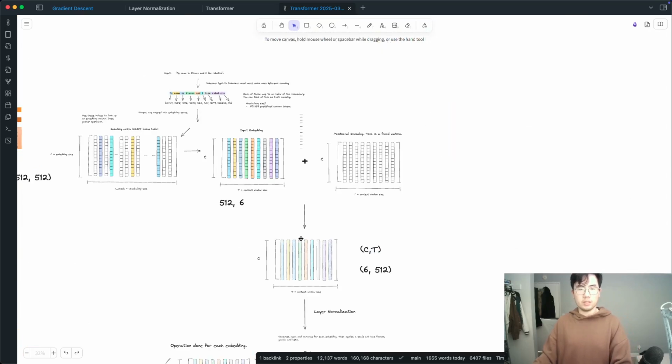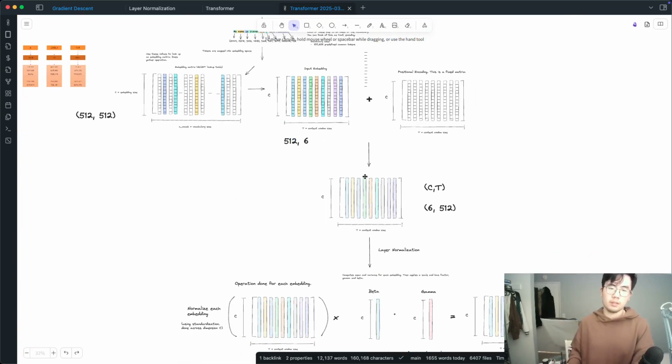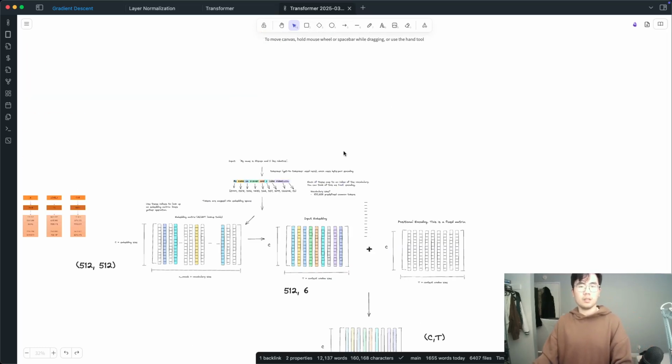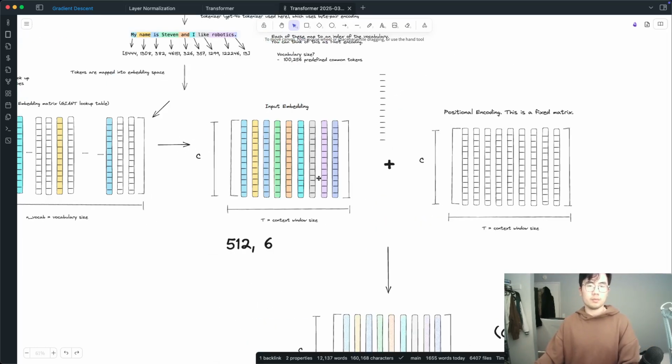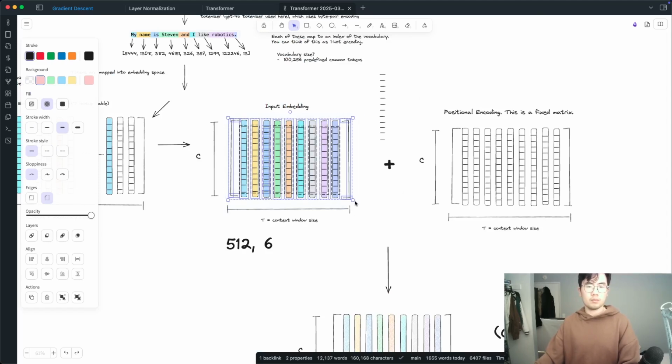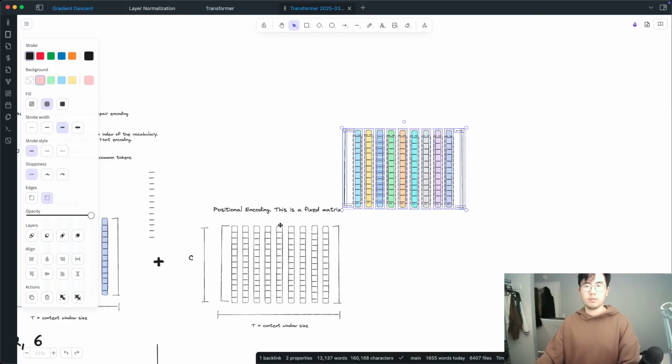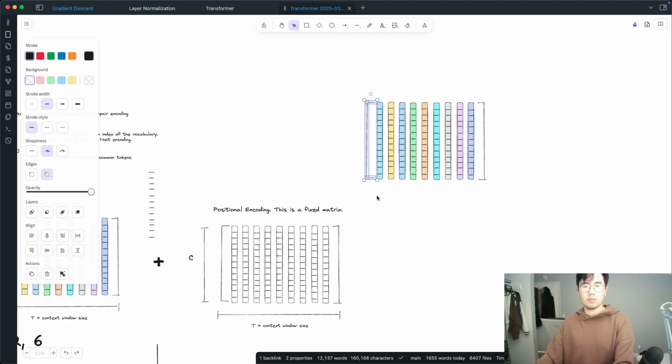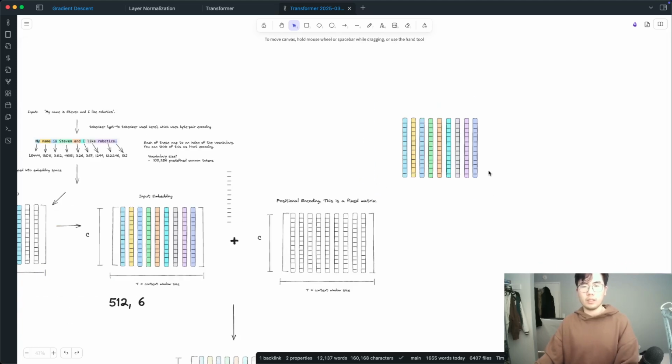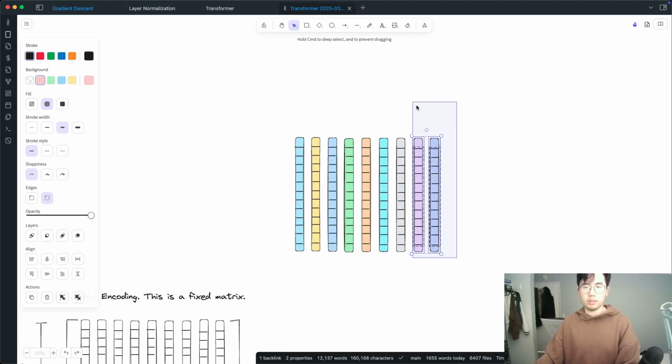Is this a bad visualization? I think the way I draw is a bit confusing.